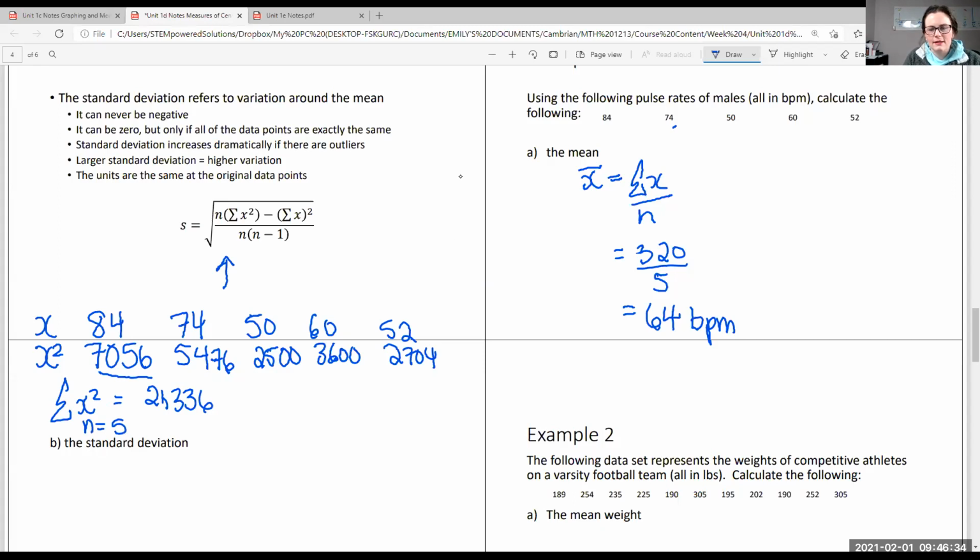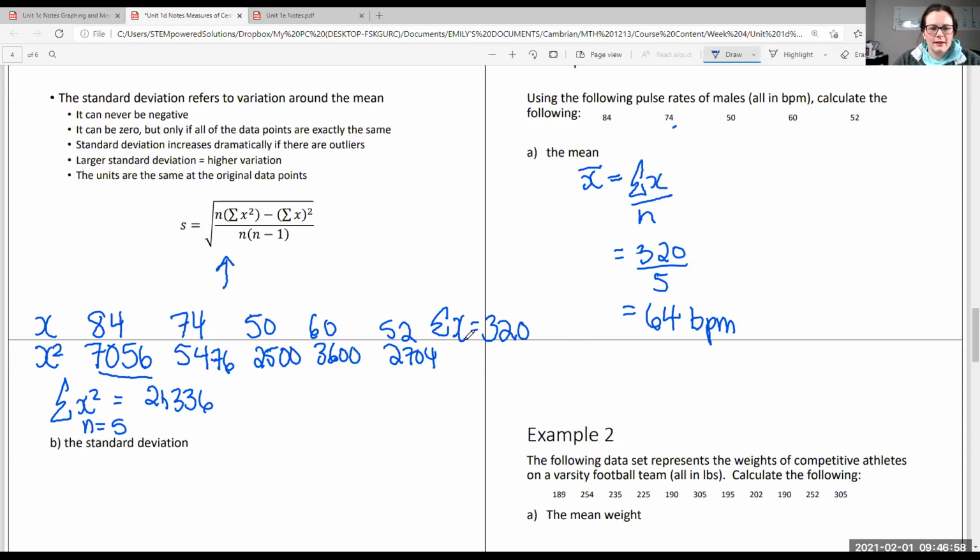The sum of x's I've already done; the sum of x's is 320. I already did that calculation for my mean.